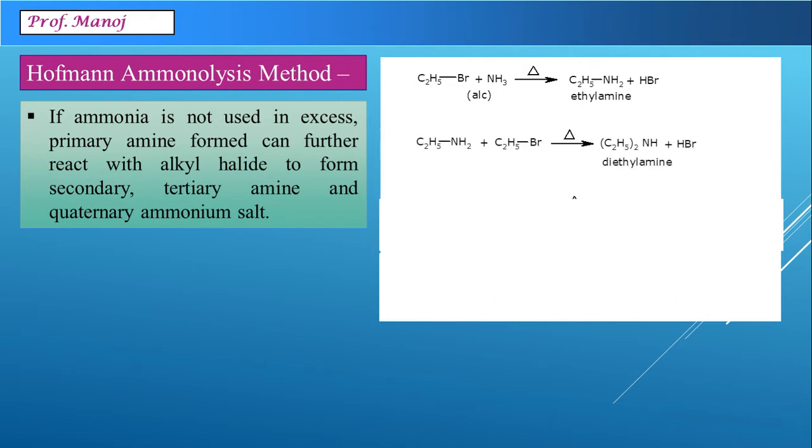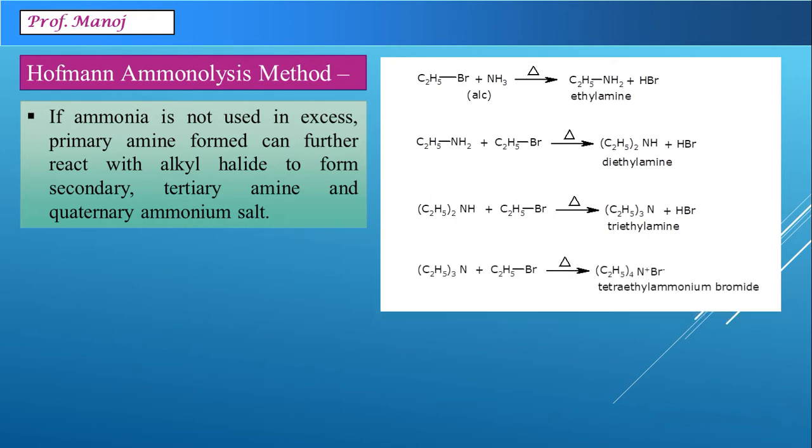If the reaction is not done in presence of excess, then more alkyl halide reacts with ethylamine to produce diethylamine, which in turn further reacts with more alkyl halide to form triethylamine, which in turn further gives you tetraalkyl ammonium salt.